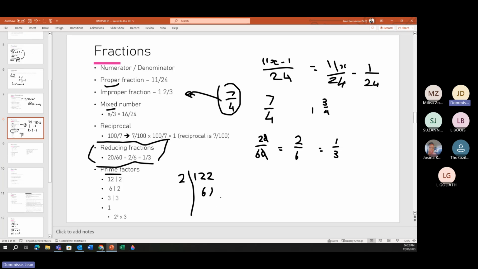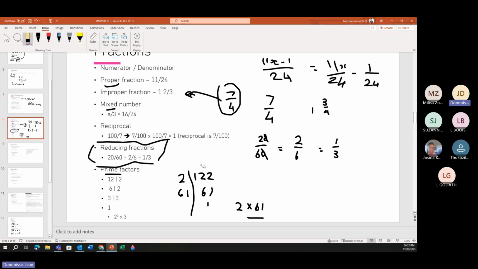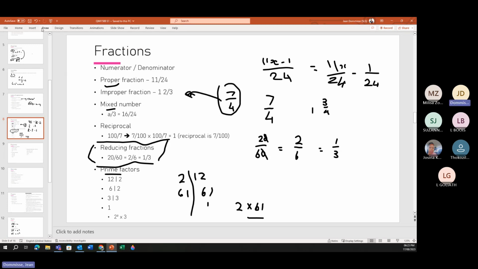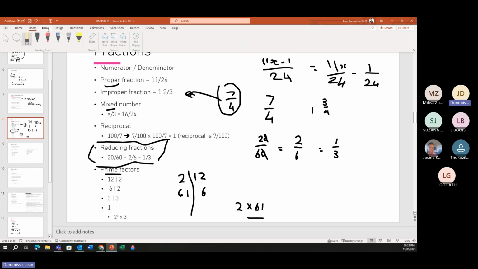Okay, so that's a bit of a stupid example, but 61 goes into 61 once, and your 2 prime factors would have been 2 and 61. Let's change it to 120, so that I can show you what I wanted to do.